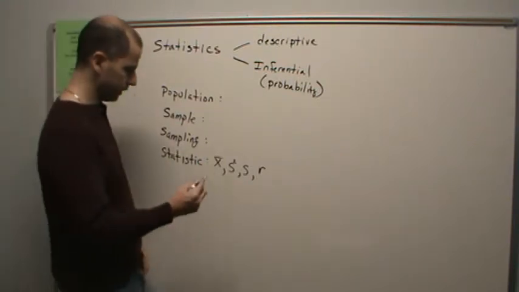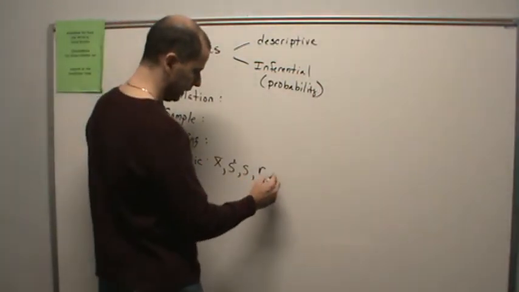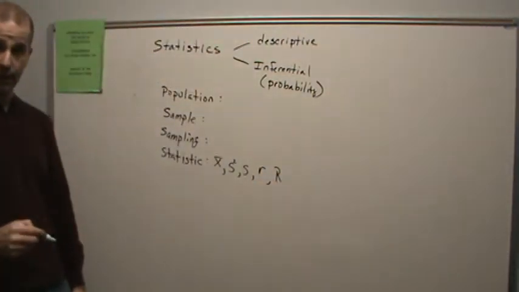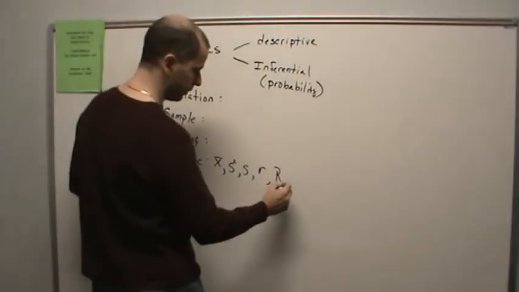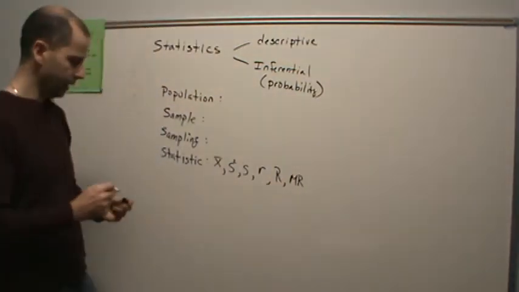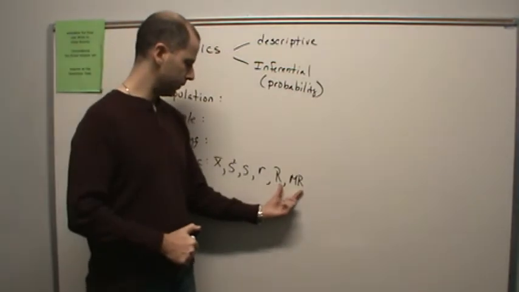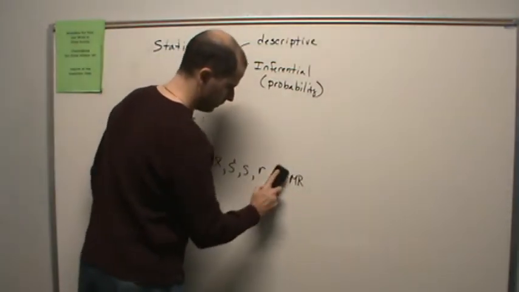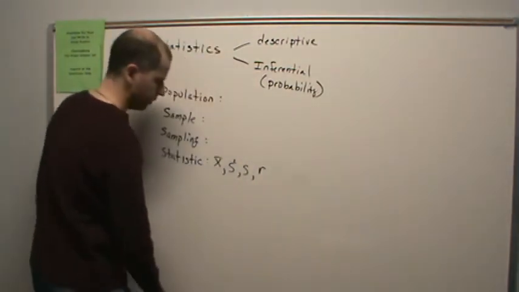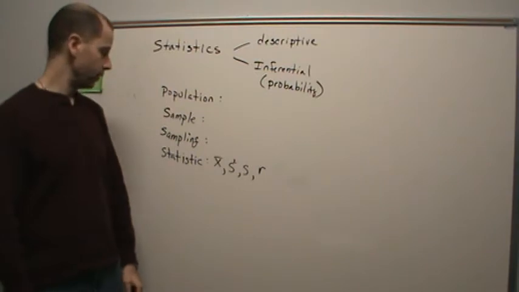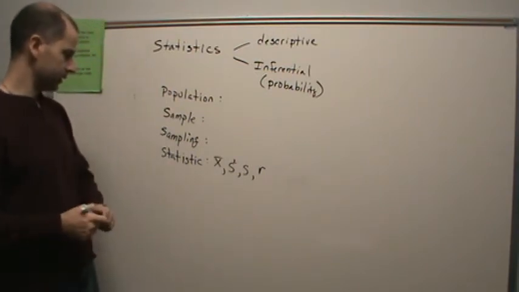Another statistic, which is a capital letter, is R, the range of the data. And then we're also going to talk about mid-range, MR. These are just symbols, but really the main statistics are these, and we'll introduce more as we go on. Again, these are just examples of statistics.